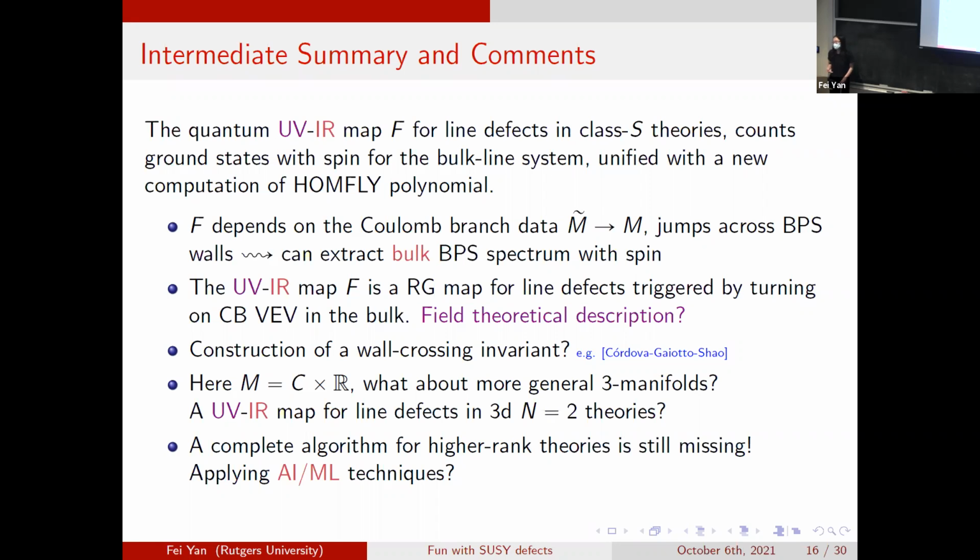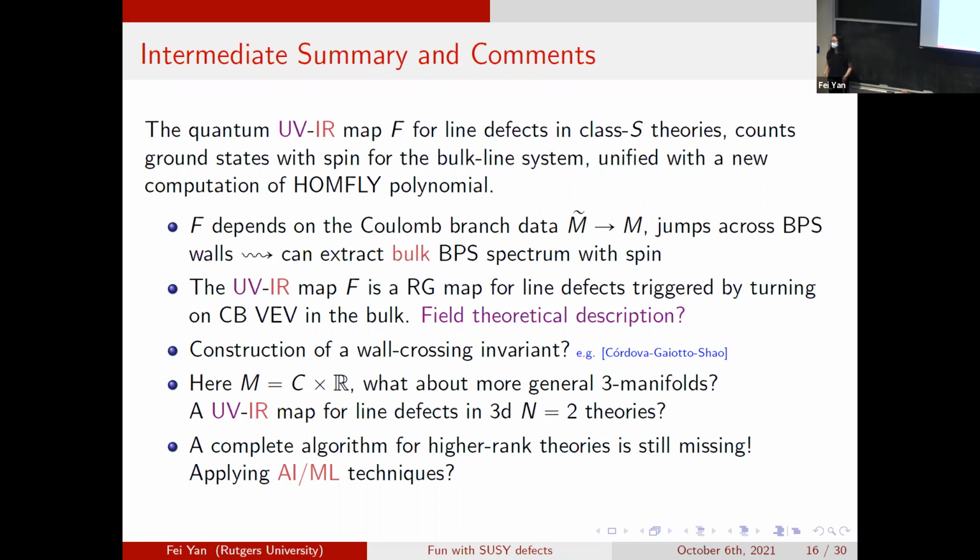And perhaps there is a way to apply AI machine learning techniques which fit in how this algorithm works in lower rank, and they somehow miraculously could tell you what happens at large N. Now, of course, there are so many AI experts here, so I'm bluffing, but that's one possibility that I think would be interesting to look at.